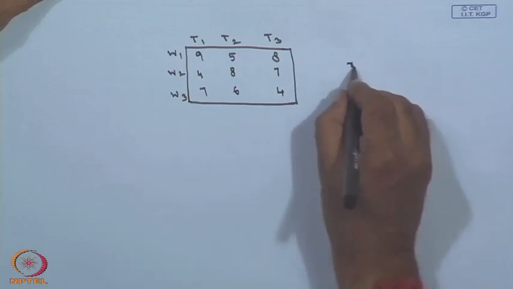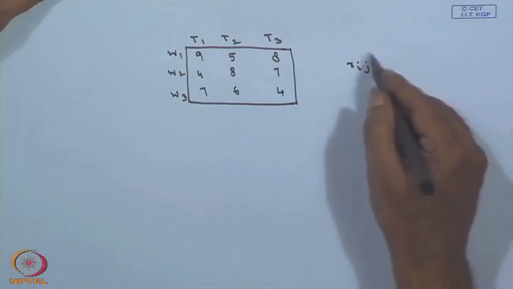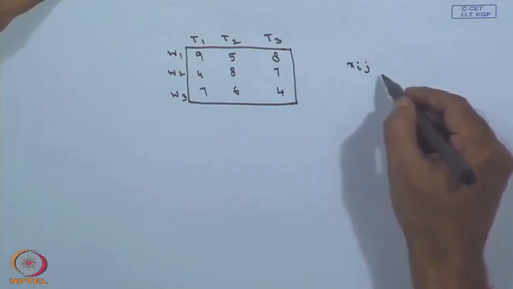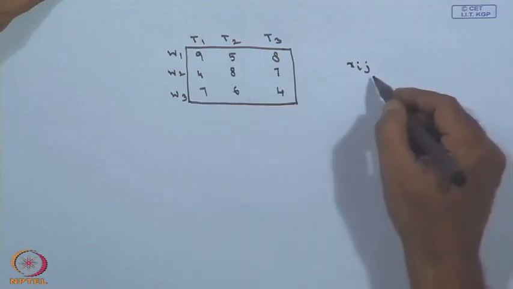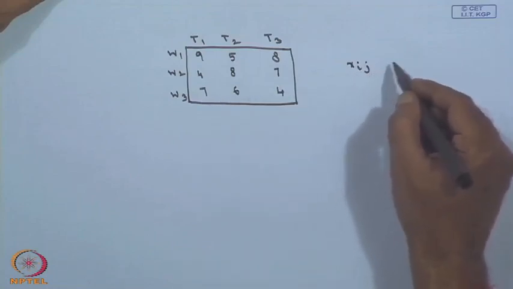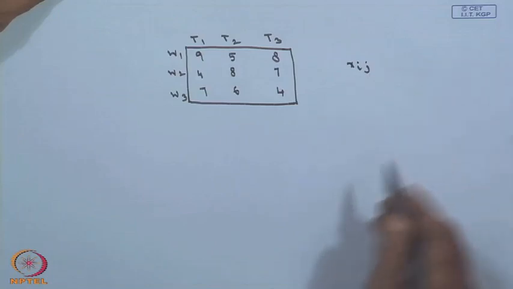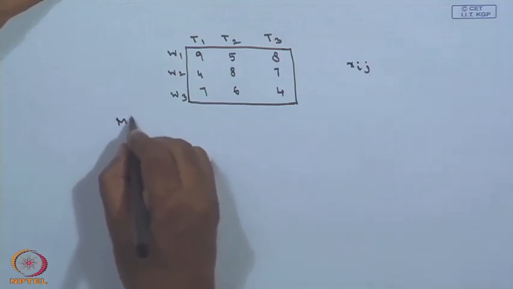Here, as usual, x_ij is the assignment of worker i to task j, that is worker Wi with task Tj, and x_ij equals 1 if worker Wi is assigned task Tj, otherwise the value is 0.